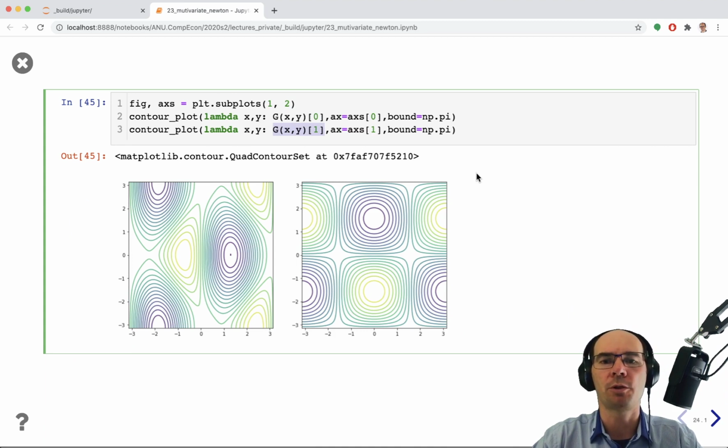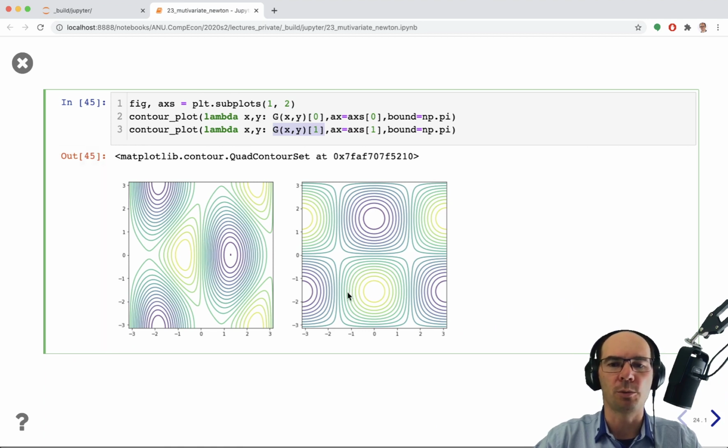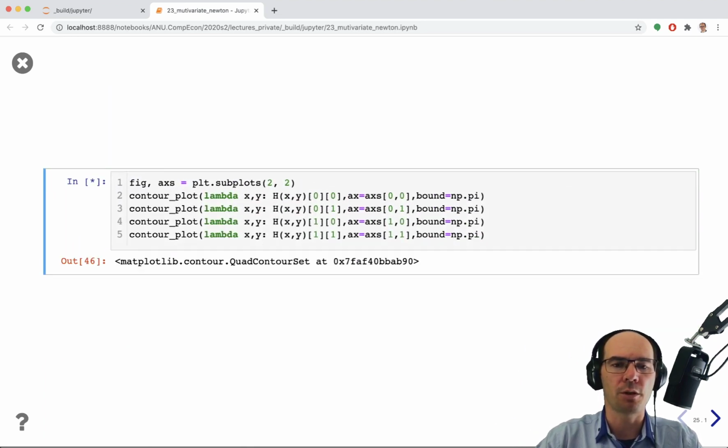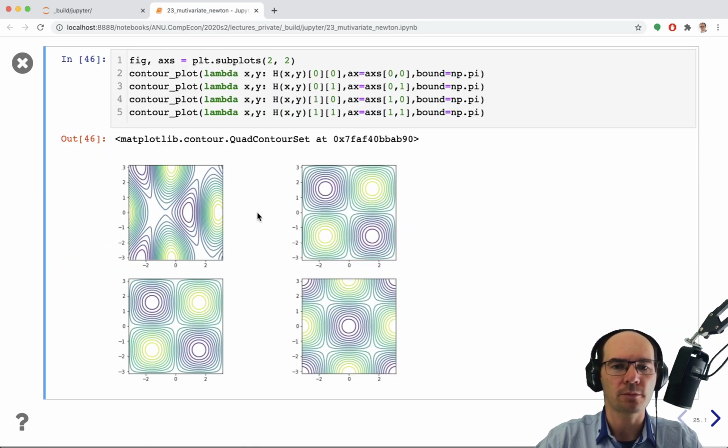Now, both of these partial derivatives are functions of two variables, and therefore we need to plot them over the plane as well. And you can see that they have different shapes, but also, as expected, they have this pattern of repeated hills and valleys.